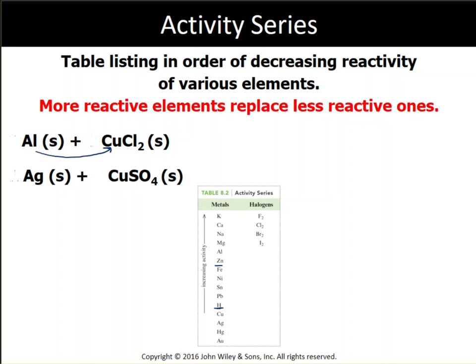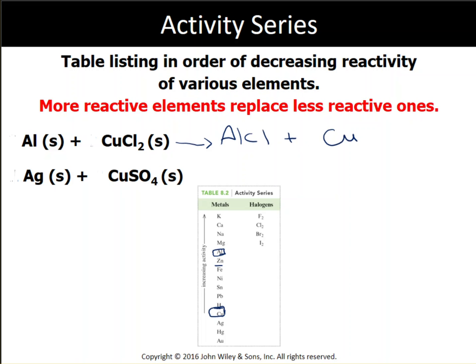So you find aluminum and copper in the activity series. Here is aluminum and here is copper. Aluminum is more active than copper, so that means aluminum has the ability to replace copper. So aluminum is going to sit with chlorine, and then you're going to get copper metal.